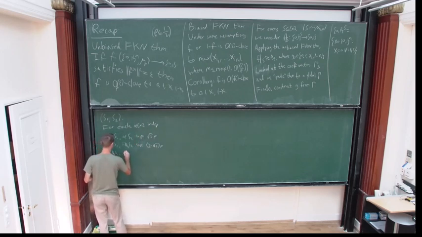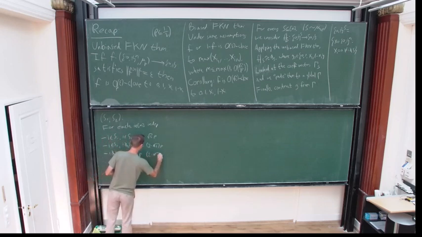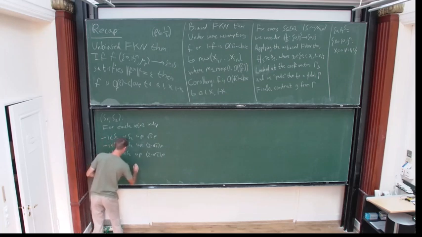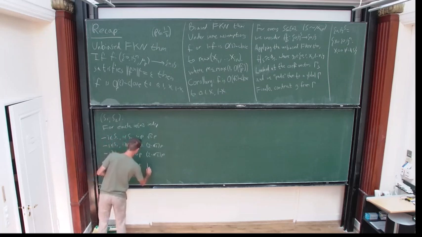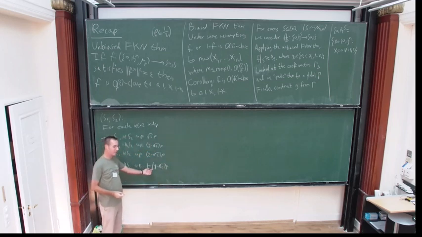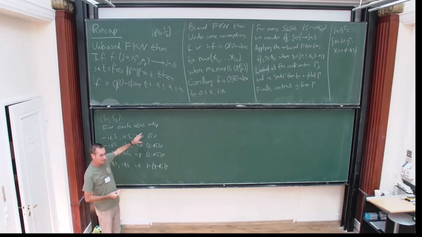So this is just in S1 and not in S2, and this is not in S1 and just in S2. With the remaining probability, you don't put it in any of the sets. What we need is that the probability I'm writing here is non-negative, and this will be the case when p is smaller than some constant. I claim the theorem for all p at most a half, but if p is between a half and this constant, then it just follows from the unbiased FKN theorem.